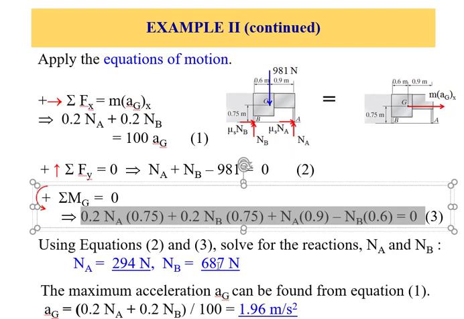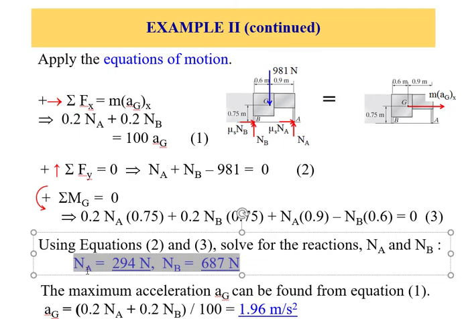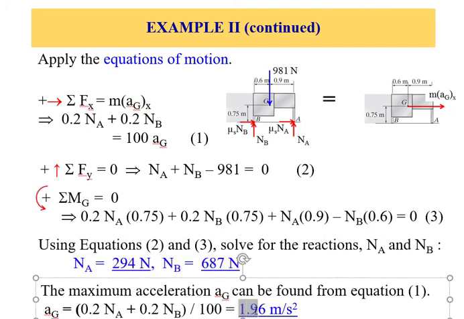Two equations with two unknowns, and then you're able to find the reaction forces and then back substitute that value into equation 1 to calculate a_G, and then you get a_G equal to 1.96. So the maximum acceleration just before they start to slip is allowed to be 1.96 meters per second squared.